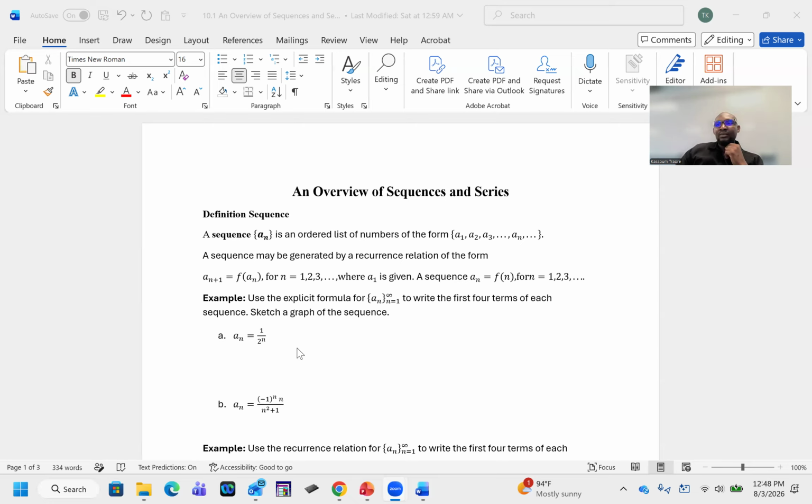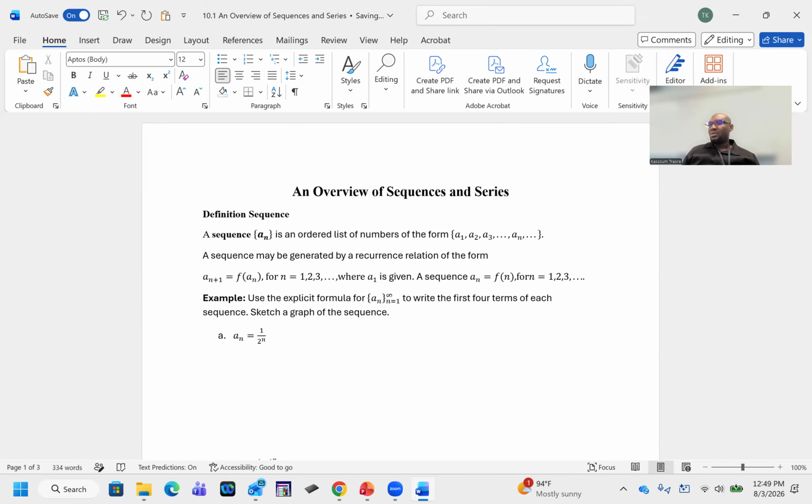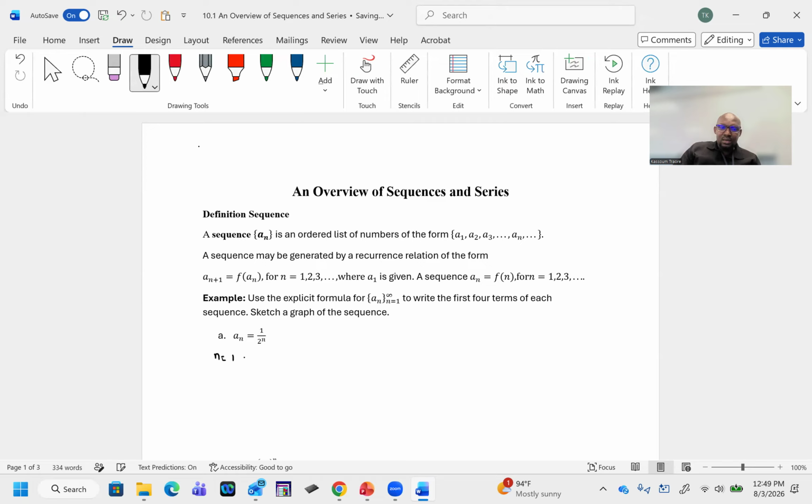So again, for A, we can see if n is 1, that will give me my A1, which is what? 1 divided by 2 to the power of 1, which is 1 half.